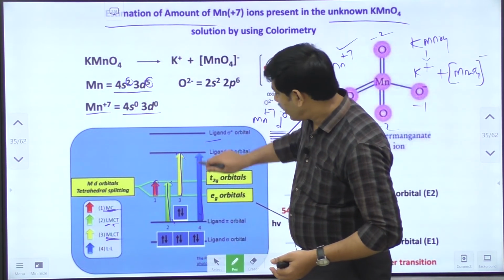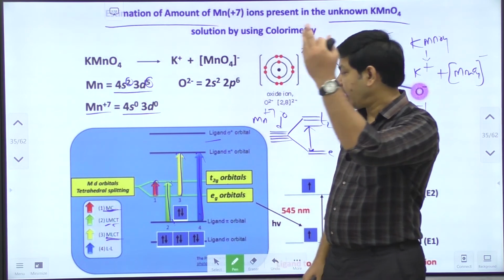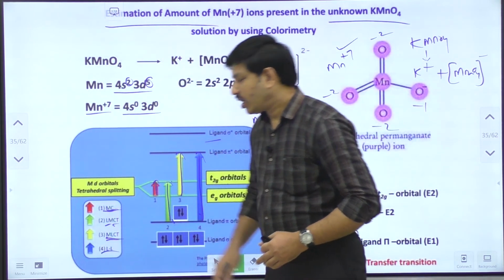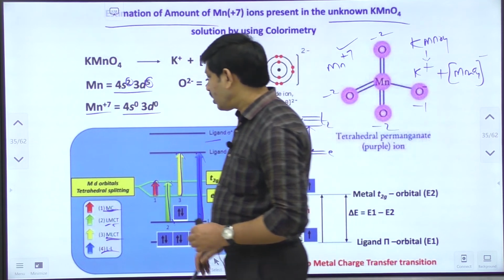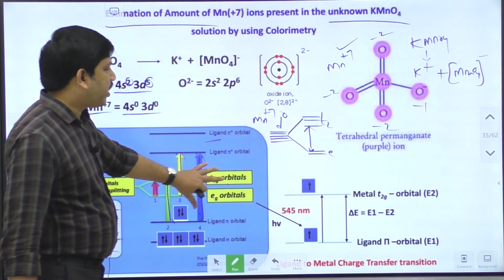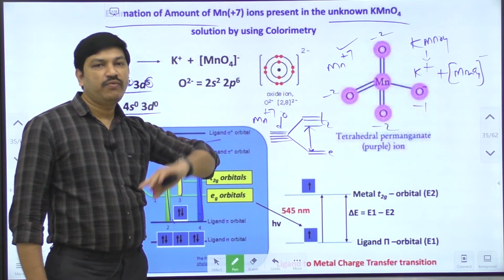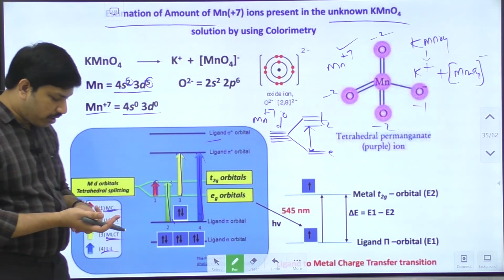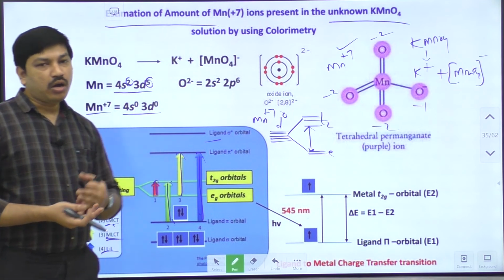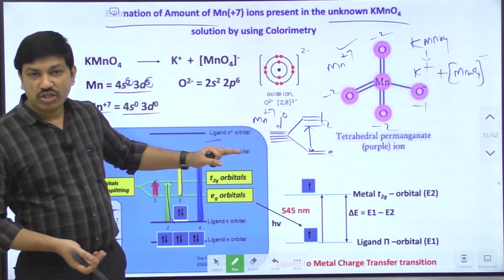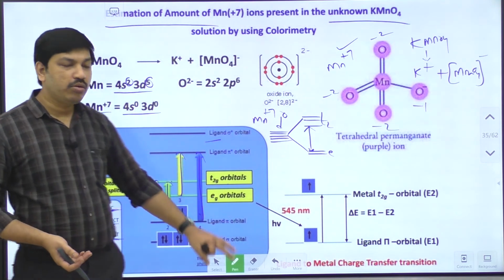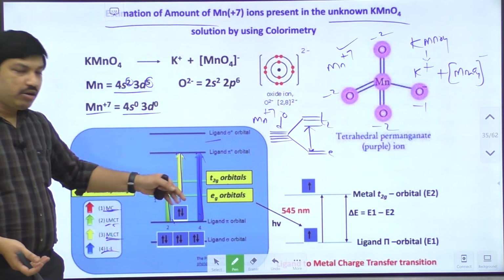And from ligand to ligand, pi bonding to pi star anti-bonding, ligand to ligand transfer is also possible. So in the MO energy level diagram of potassium permanganate, we can see four different kinds of transitions: metal to metal charge transfer, ligand to metal charge transfer, metal to ligand charge transfer, and ligand to ligand charge transfer.